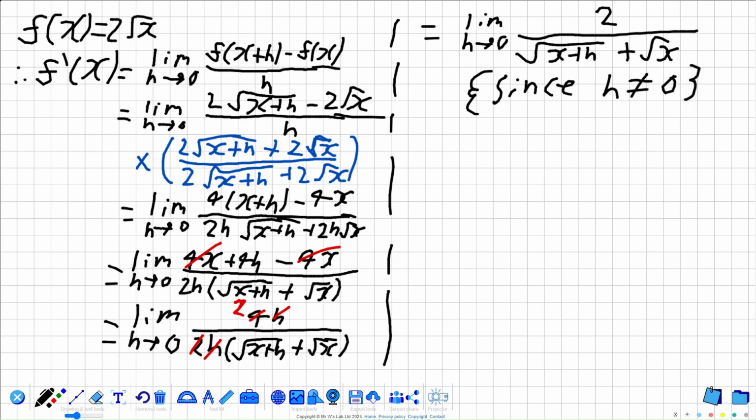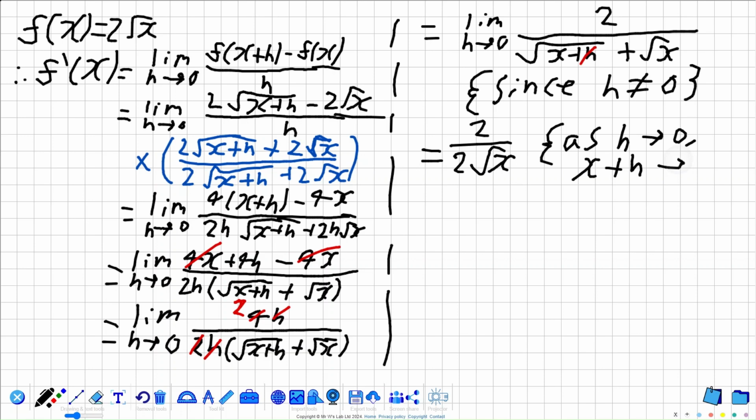And then we can just give our answer, because we know this h is approaching 0 as we stated there, so we can evaluate this as 2 over 2 root x, because I've just combined those two values there, taking them common, and we can say in brackets as h approaches 0, x plus h approaches x, easy.